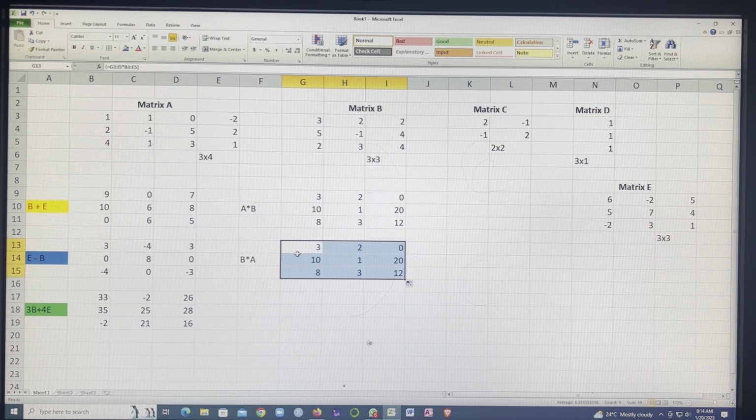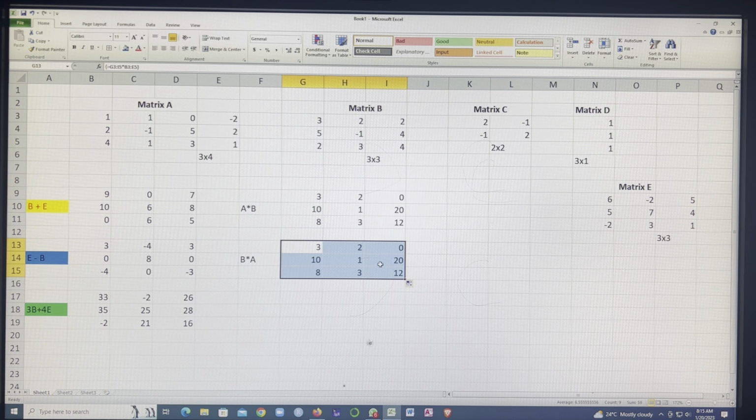But if you were doing this manually, you cannot multiply this times this, because when you're multiplying this by this, it means you'll be saying the first row times the first column. So 1 times 3, 1 times 5, 0 times 2. Then what are you going to do with this minus 2? You are not going to do anything with this minus 2.